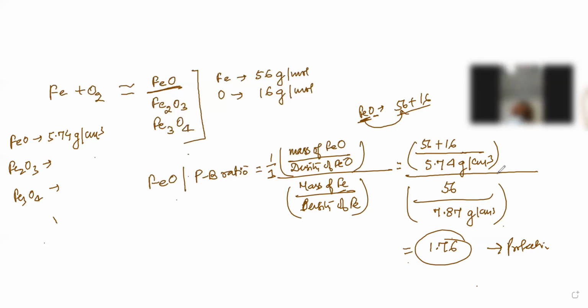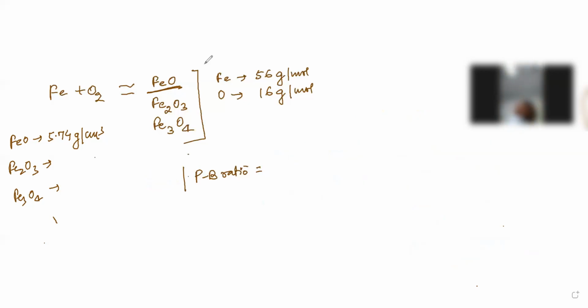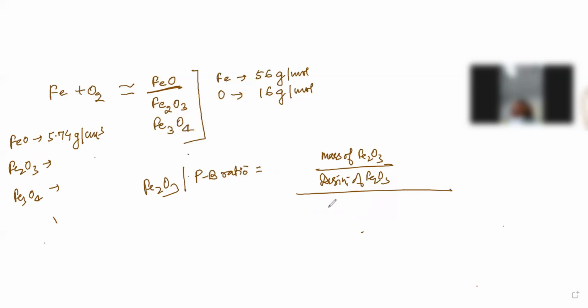For Fe2O3, it will be like mass of Fe2O3, density of Fe2O3, divided by mass of iron, density of iron.